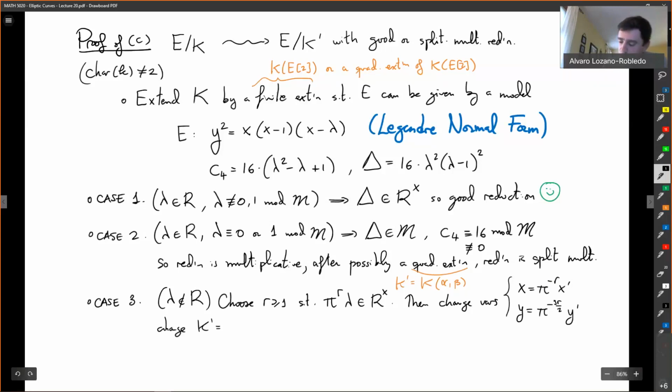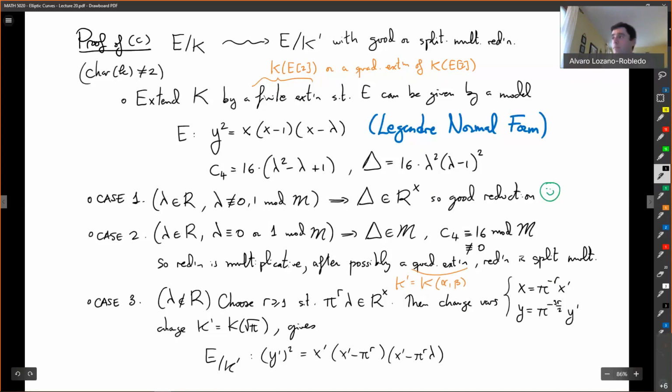I'm going to have to adjoin a square root of pi, so go up by a quadratic ramified extension, and this gives a model for our elliptic curve of the form y prime squared equals x prime times (x prime minus pi to the r) times (x prime minus pi to the r lambda).